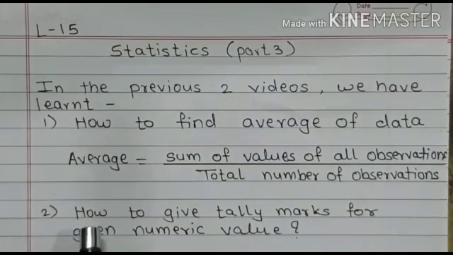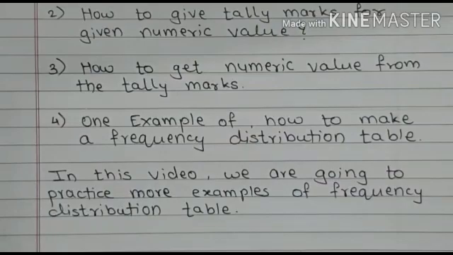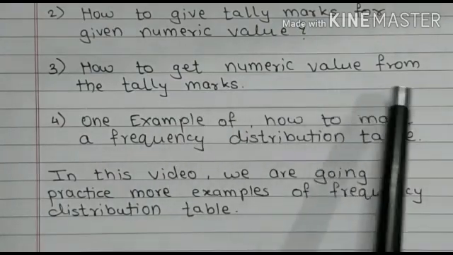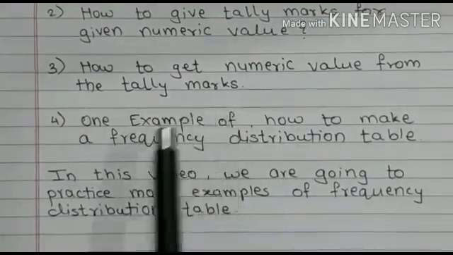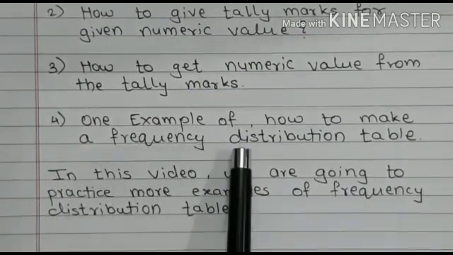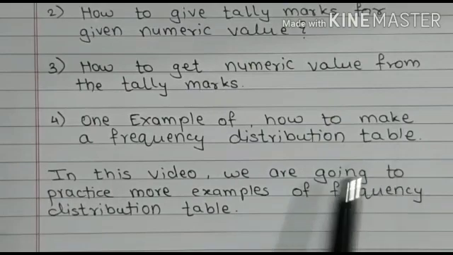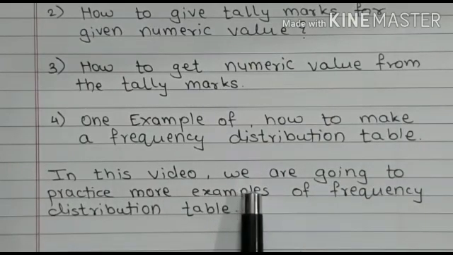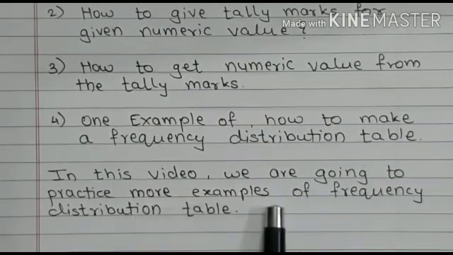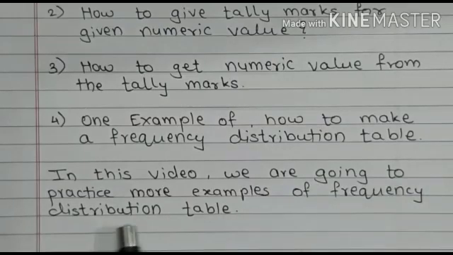We have also learnt how to give tally marks for the given numeric value. We have seen how to get numeric value from the tally marks. Also, we have seen one example of making a frequency distribution table. In this video, we are going to practice more examples of frequency distribution table.